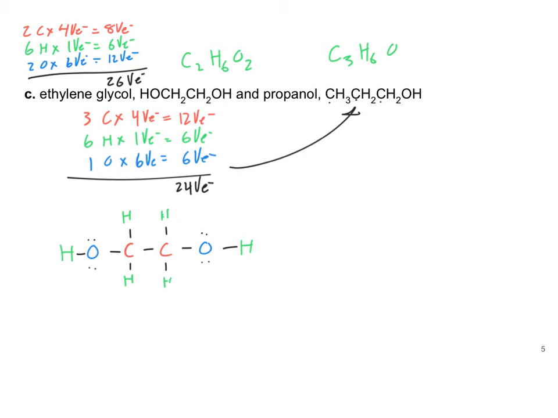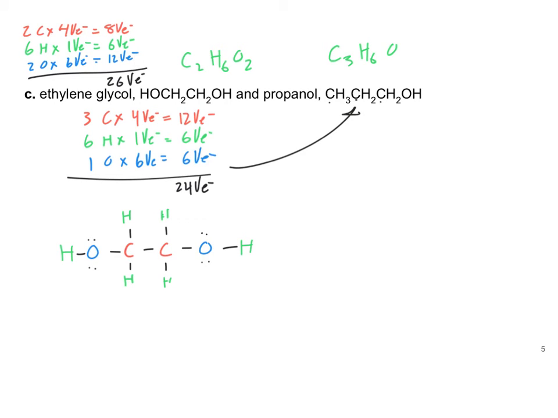I feel like I'm missing something here. What is wrong? It's ethylene glycol. Oh boy. In any case, the structure looks something like that. So it's 2, 4, 6, 8, 10, 12, 14, 16, 18, 20, 22, 24. I drew it right. We're good.